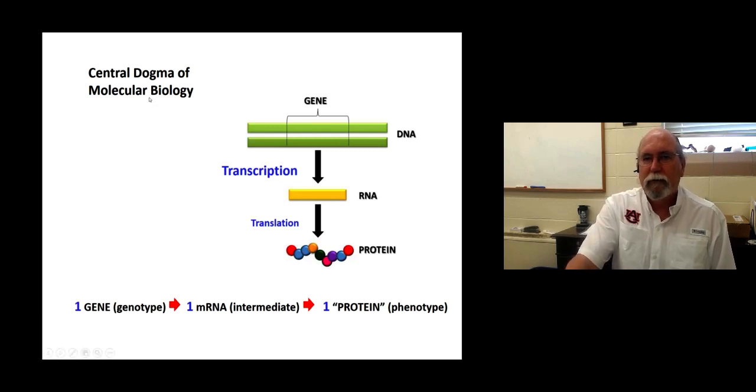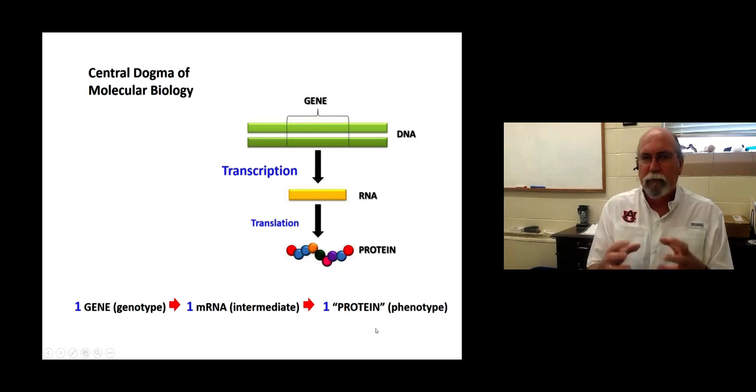So we think about this central dogma, if you will, of molecular biology: you have a gene, the gene produces a message, and that message produces a protein, through the process of transcription and then translation. We knew early on that this wasn't quite right. That's why "protein" is in quotes here. We don't make a protein from a message. We make a polypeptide from a message, and that polypeptide may or may not immediately form a functional protein.